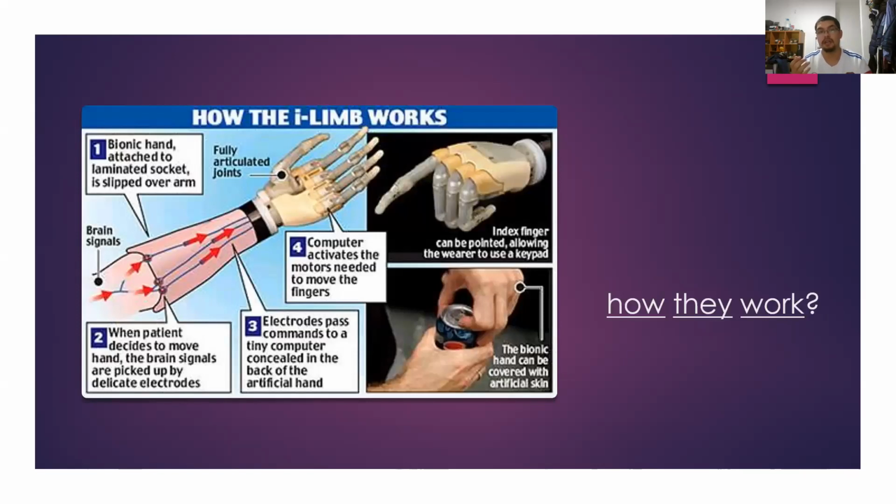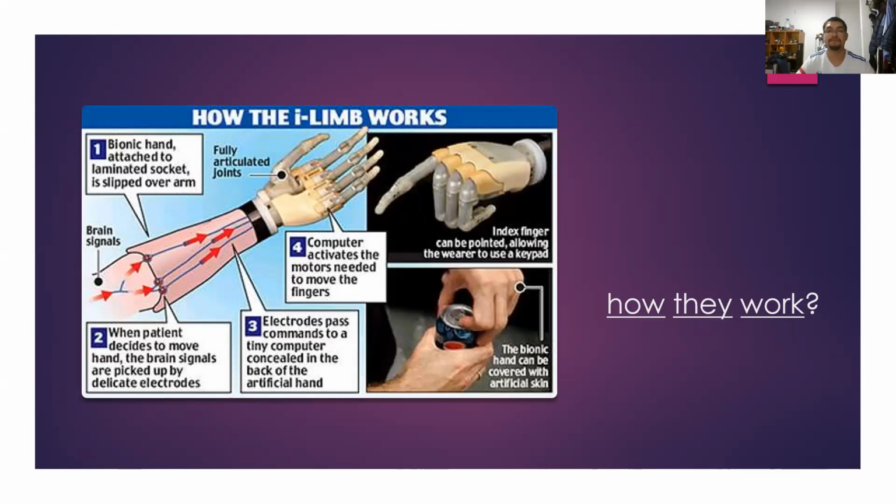Well, how do they work? In simple words, the brain sends the messages to the muscle. The muscle transmits a signal to the socket that has a position in the specific part of the arm.